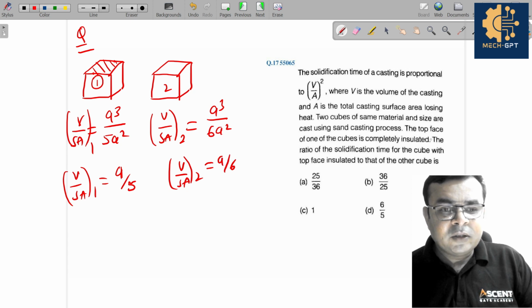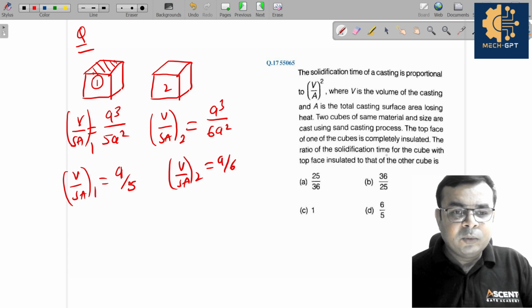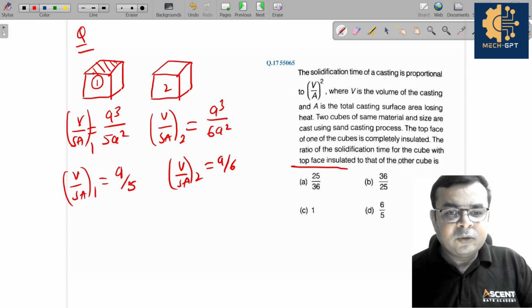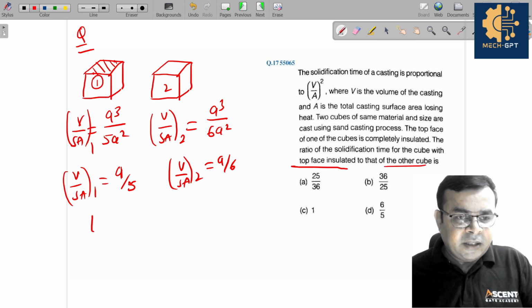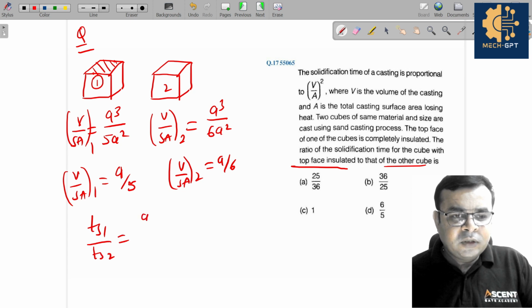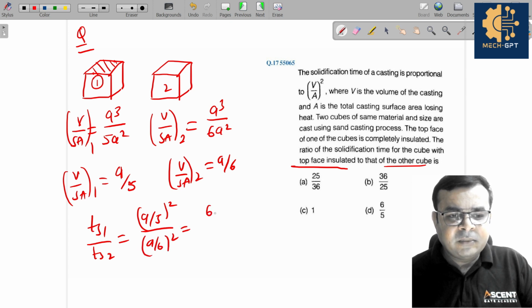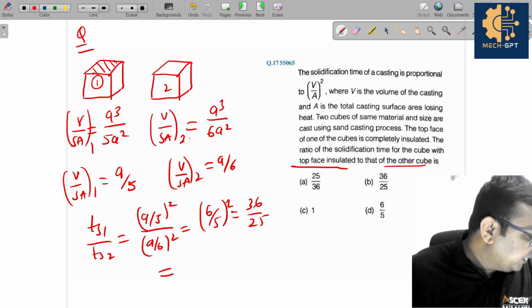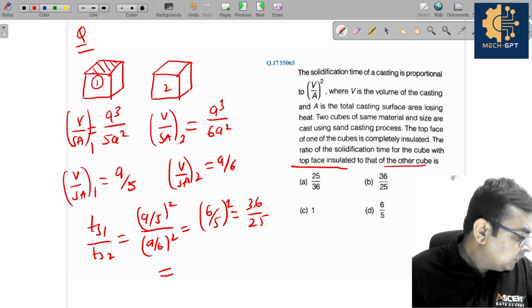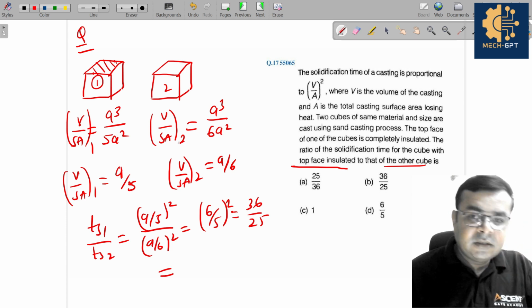We need to find the ratio of solidification time for the cube with the top face insulated to that of the other. So Ts1 over Ts2 is (a/5) whole square over (a/6) whole square. So can I say this is (6/5) whole square, 36/25.